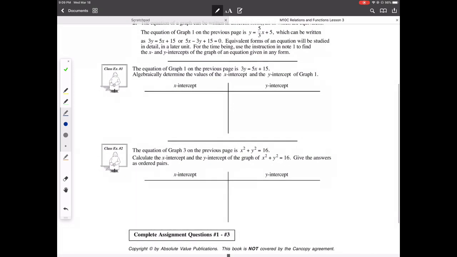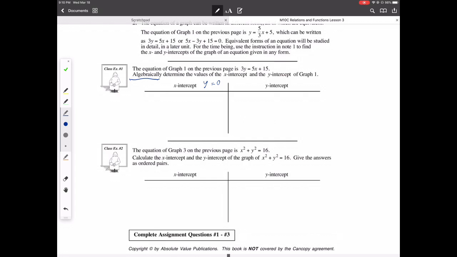So if I'm taking this first class example, the equation 1 on the previous page has a graph where 3y is equal to 5x plus 15. If I'm algebraically determining the value of the x-intercept, it means I'm not graphing it, I'm just going to replace the values. If it's the x-intercept, like I said, y is equal to 0.